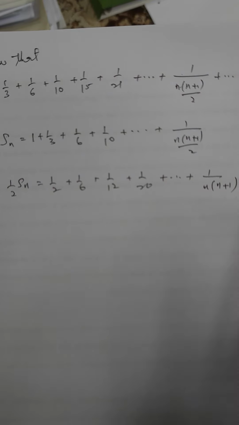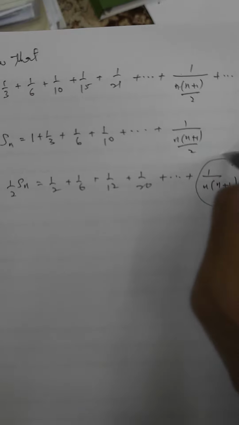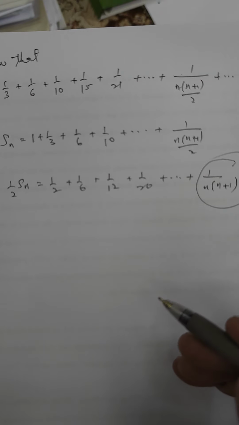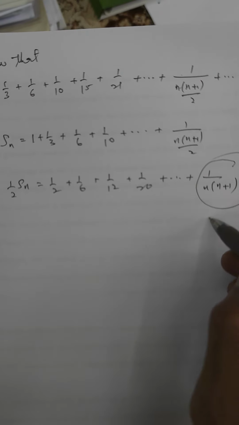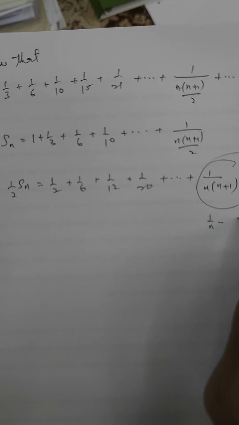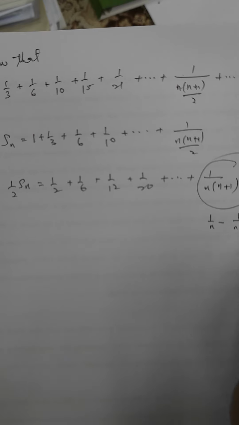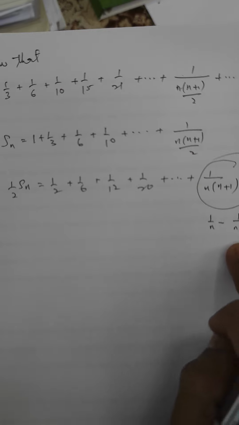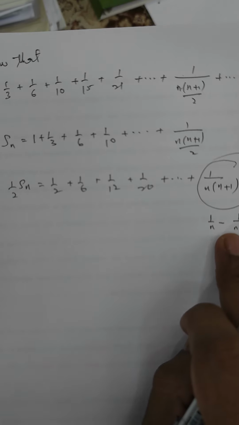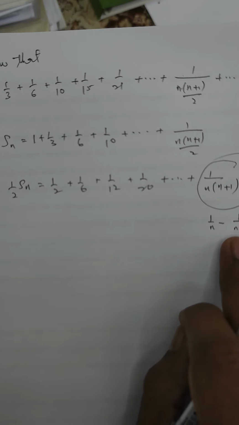And we know that this term here, I think I've shown in my previous lecture, can be written as 1 over n minus 1 over n plus 1. Of course, you can always use partial fractions to obtain those things. All right.